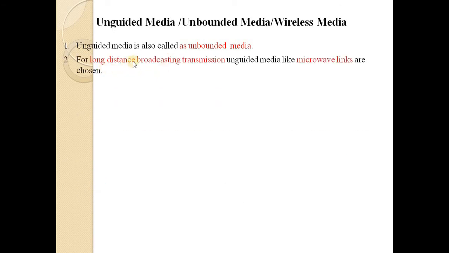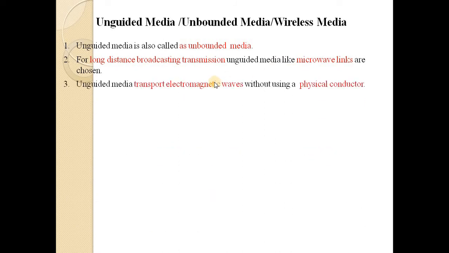Let us see one by one the theory of unguided media. Unguided media is also called unbounded media because the data signals are not bound to a cabling media. Next point is for long distance broadcasting transmission, unguided media like microwave links are chosen.